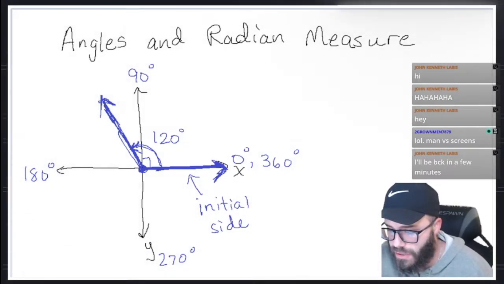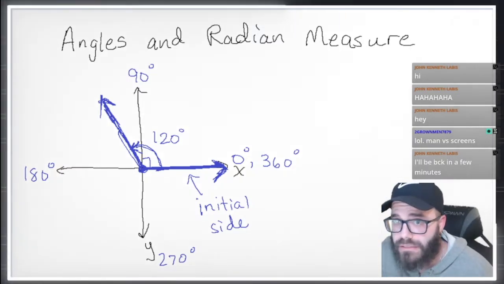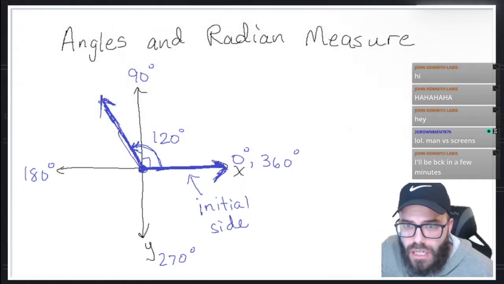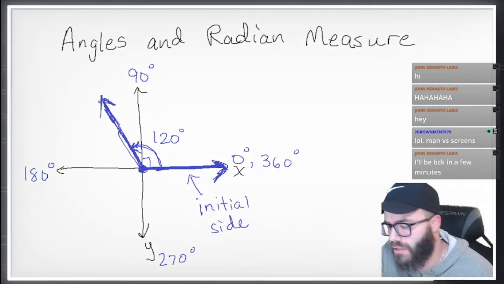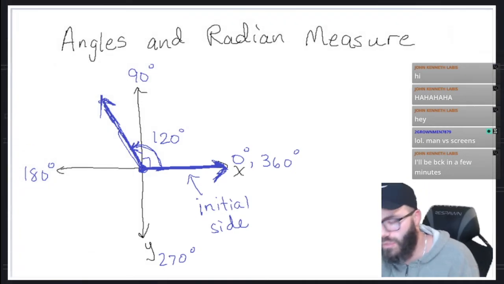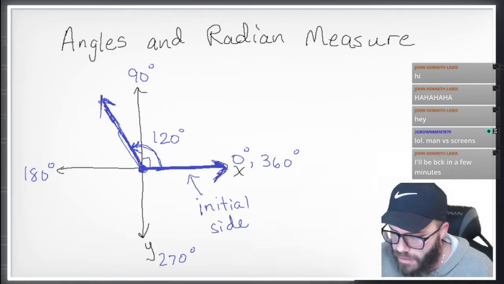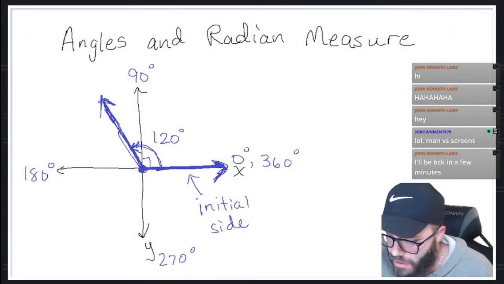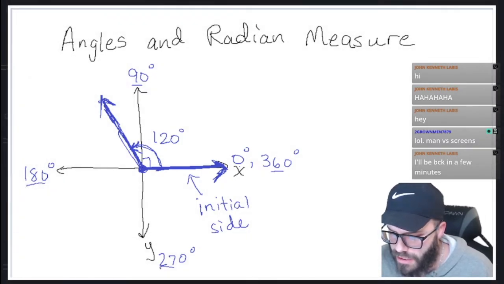What's neat about this, though, is let's say we want to sketch angles that are negative, or angles that are greater than 360 degrees. We can continue to go about this circle in increments of 90 degrees. If I have 0 here, 90 here, 180, 270, 360, well, I can continue.